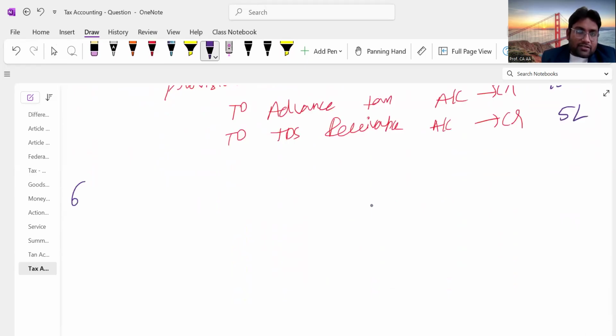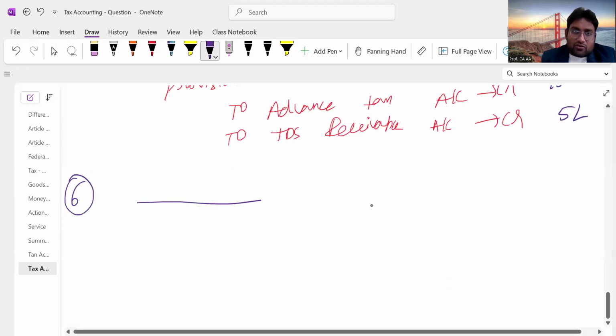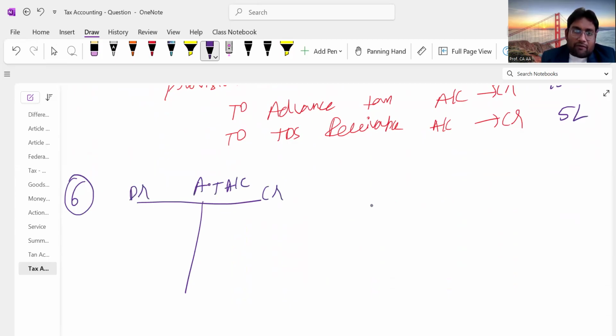Now let's look at the balances. In the advance tax account, first we paid to the bank account 15 lakhs. Again we have closed this entry by provision for income tax 15 lakhs.